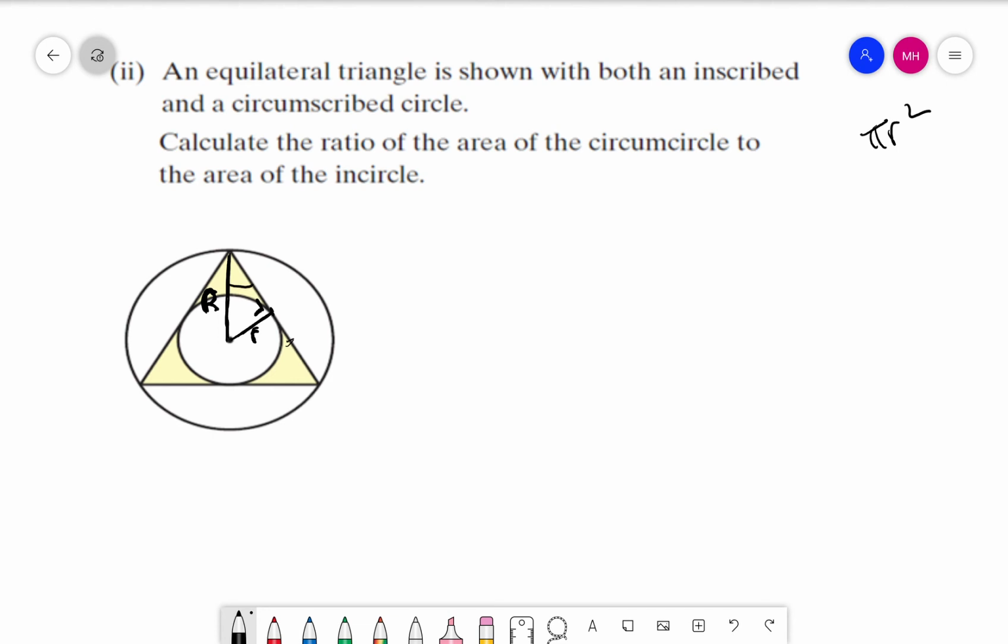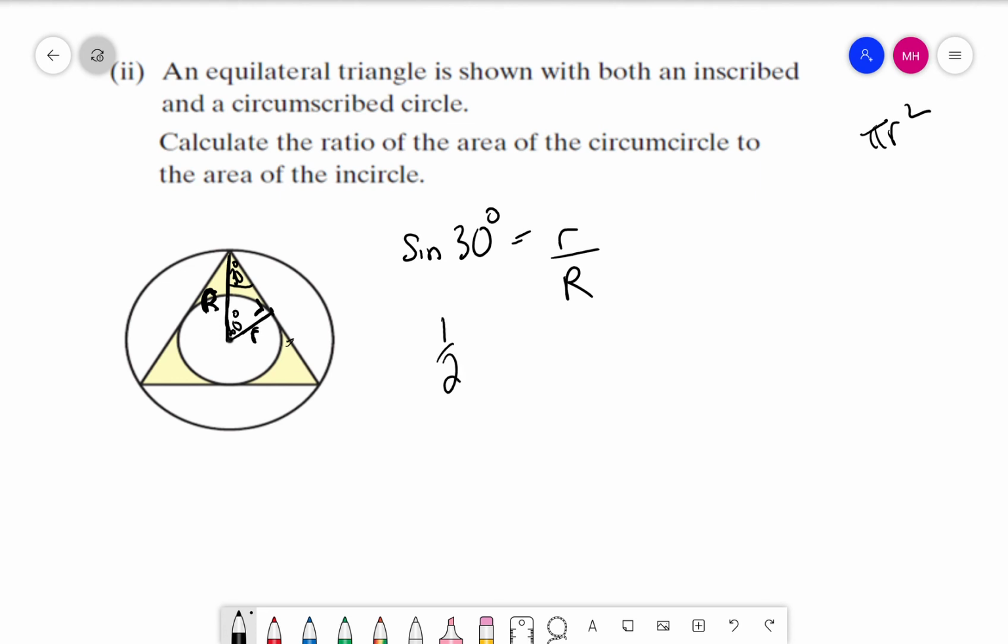If we have this line coming down, it's splitting it at 30 degrees. This here would be 60 degrees, 90 degrees, and using basic trigonometry, you can work out that the sine of 30 degrees is equal to opposite, which is our little r, over our hypotenuse, which is our capital R. Sine 30 is one of your special angles that you need to learn. The sine of 30 is equal to a half.